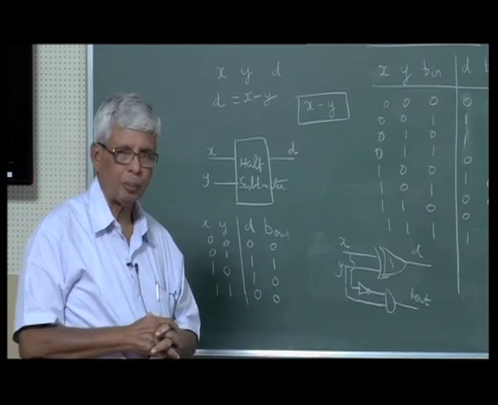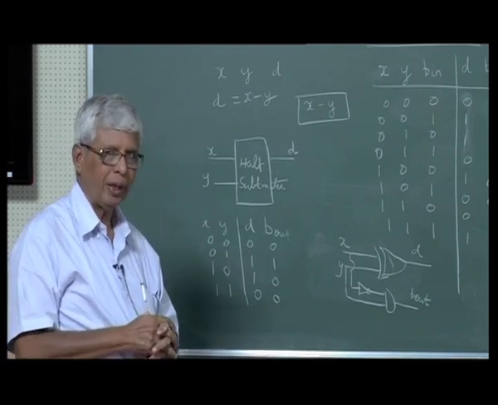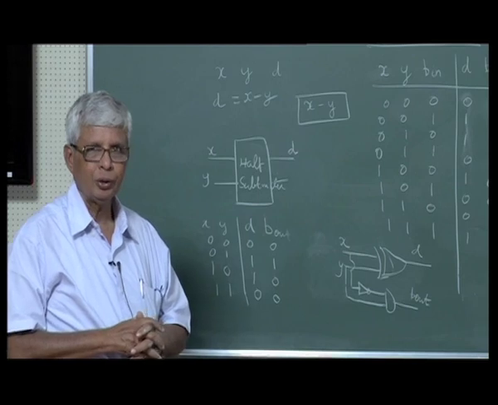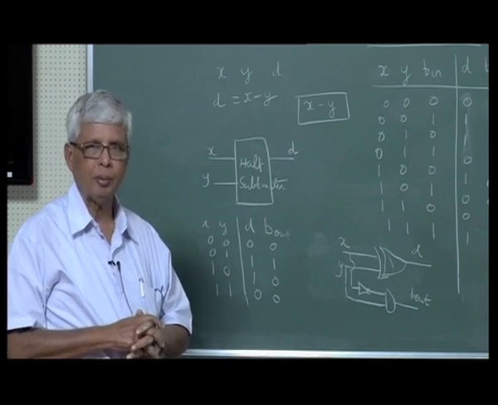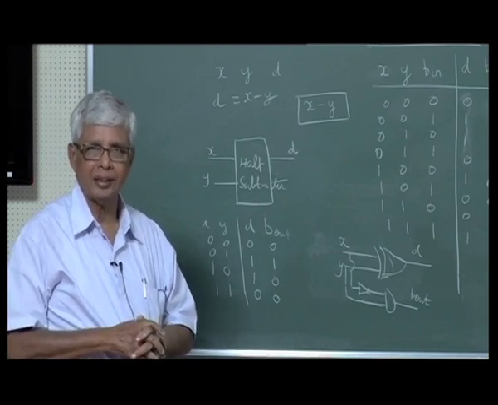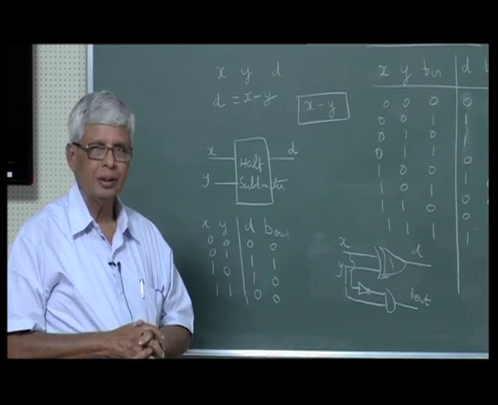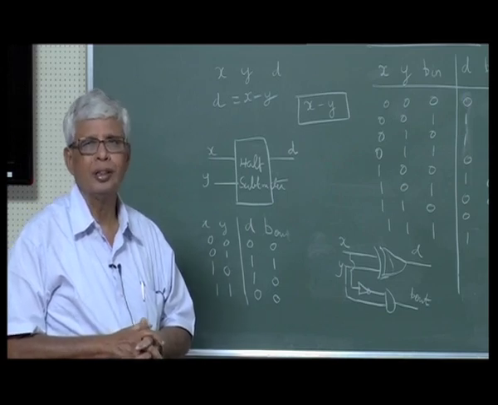If you are asked to subtract y from x, you take the 1's complement or 2's complement of y and add that to x. That is an easier way to do it.